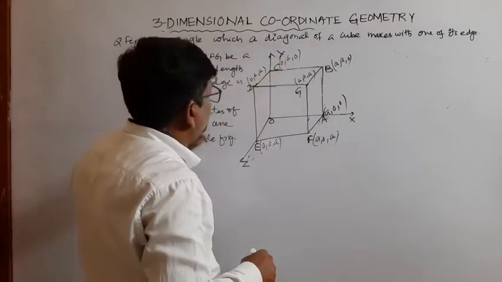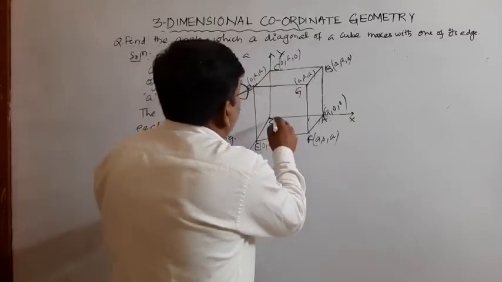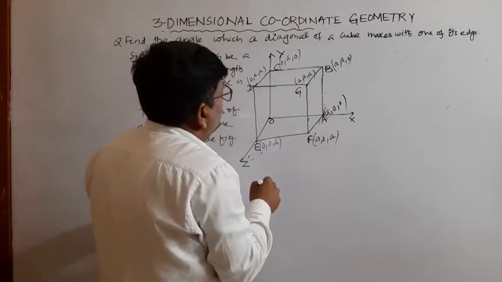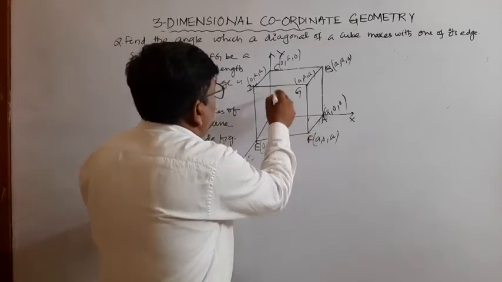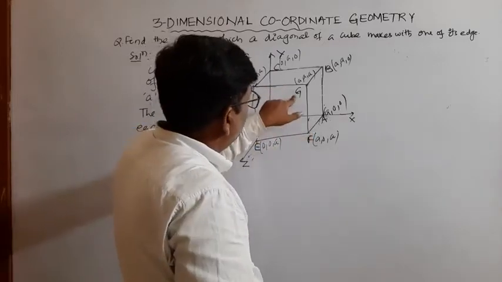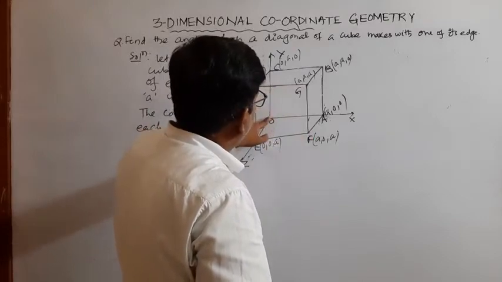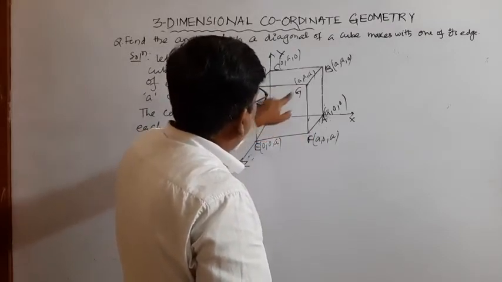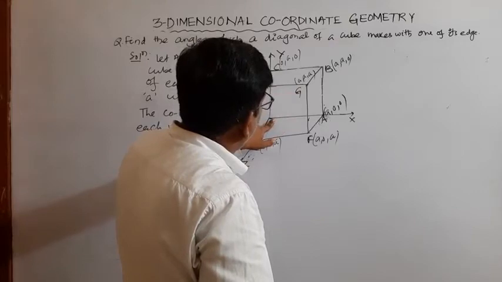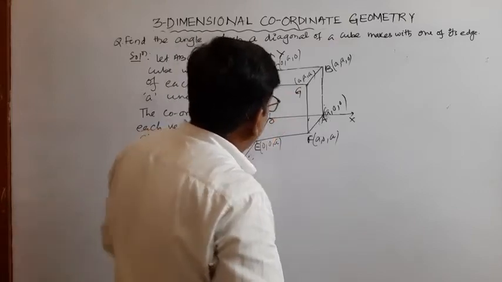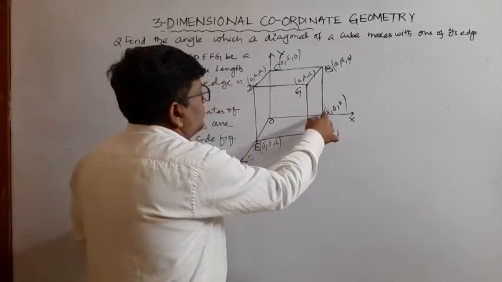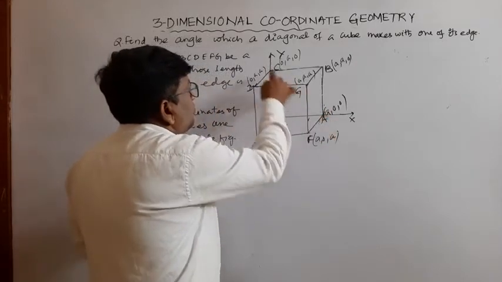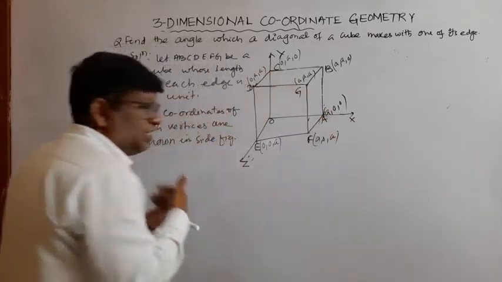Suppose OA is one edge, and the diagonal is maybe OG, or you can take AF and OC, any two.